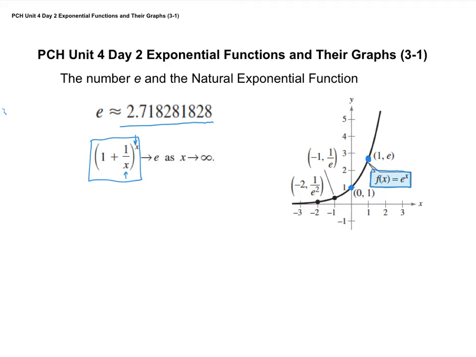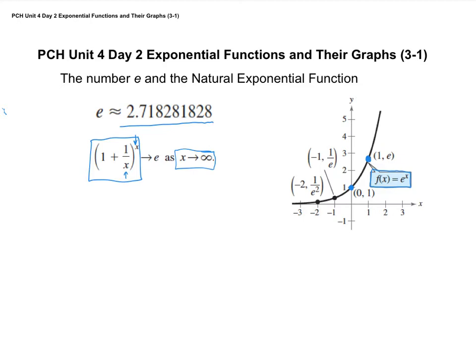Now you might ask, why are we using this e, and what's so significant about it? Well, for one thing, it has a special name. It's called the natural exponential function. But the reason why we use e is because of this limiting process as x is approaching infinity.